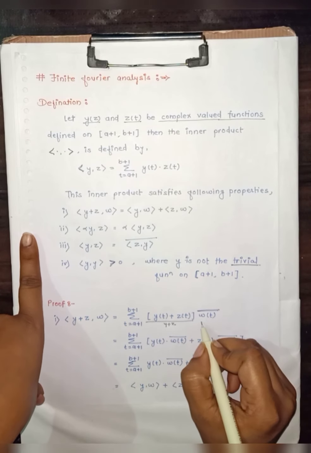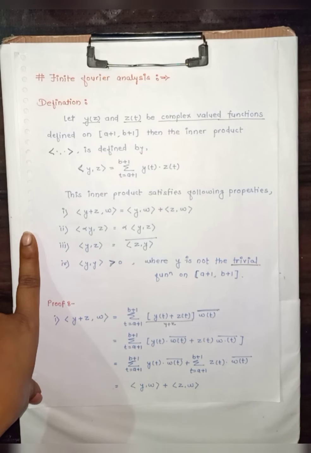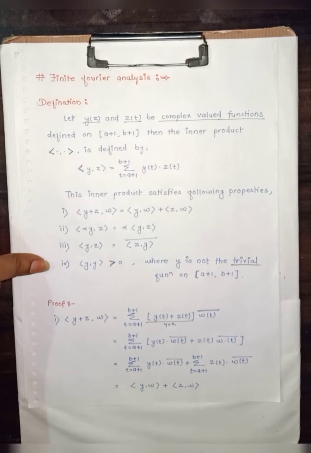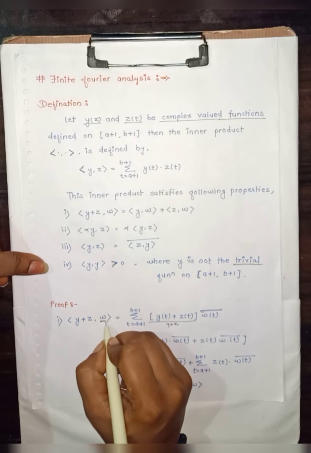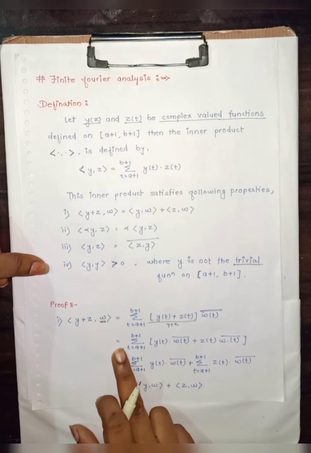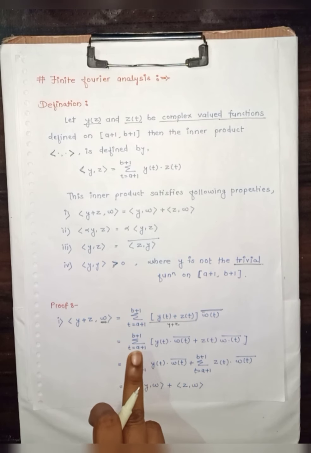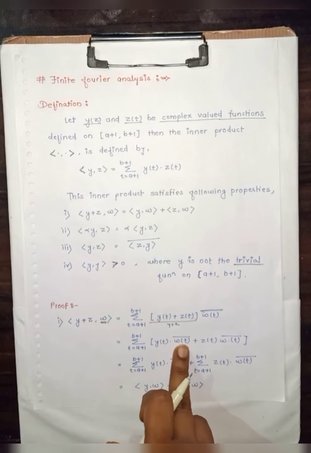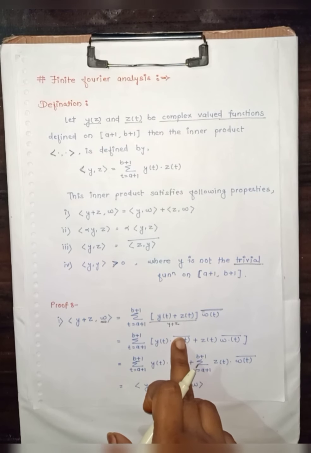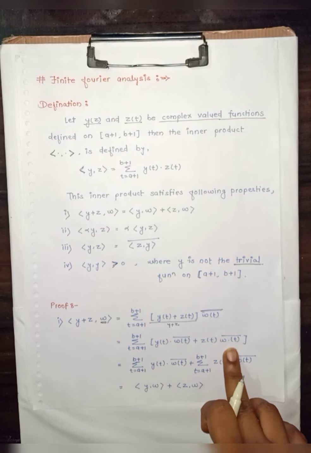Therefore, in the complex case we take the conjugate of the second value of the inner product. So next is equals summation over t from a plus 1 to b plus 1 in bracket y of t into omega of t conjugate plus z of t into omega of t conjugate.